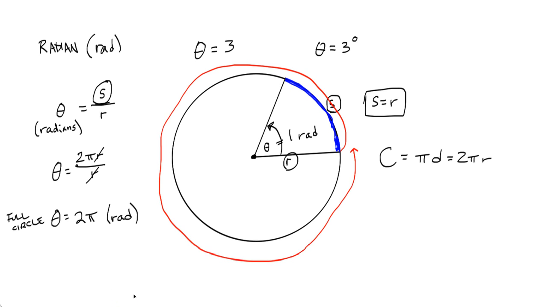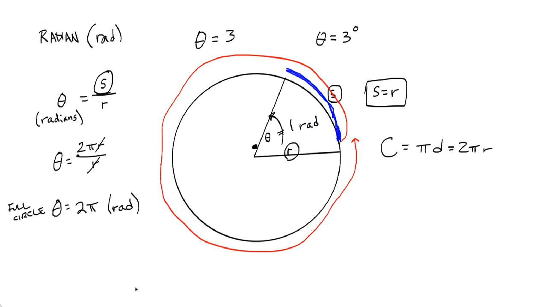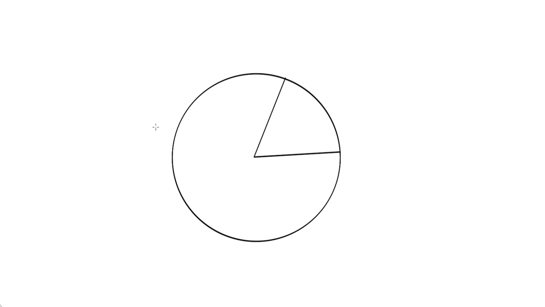Which leads us to our final discussion, which is how to convert degrees to radians and radians to degrees. Okay? Let me go ahead and clear everything out here so I've got a clear slate to work with. There we go. So, we just learned that a full circle is 2 pi radians.